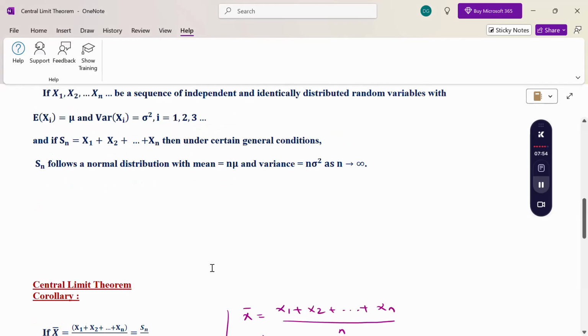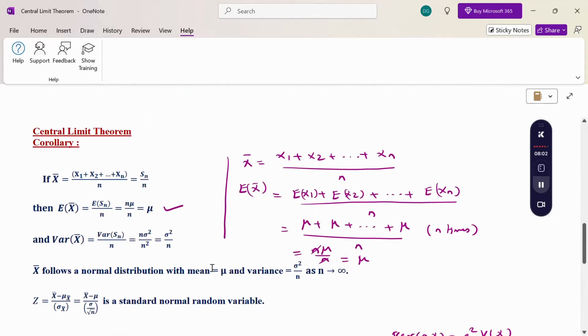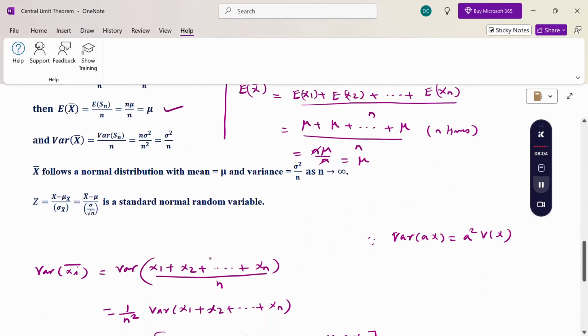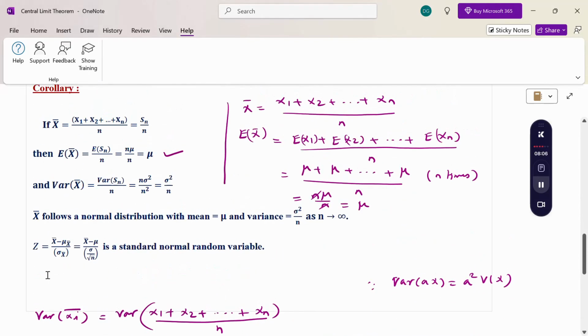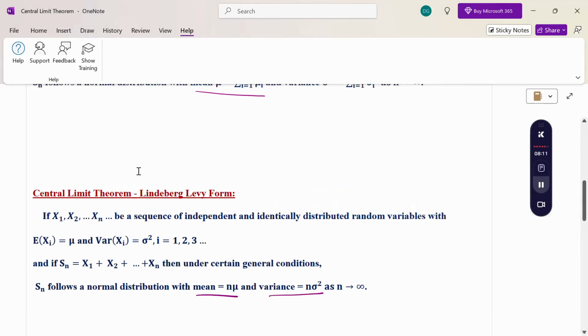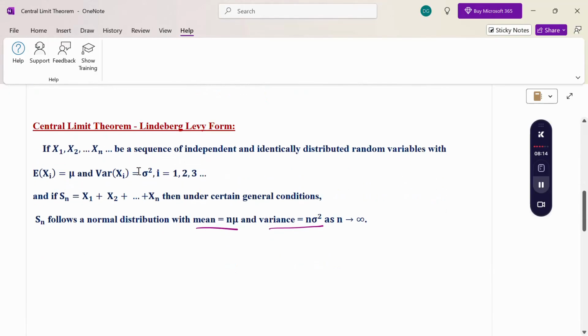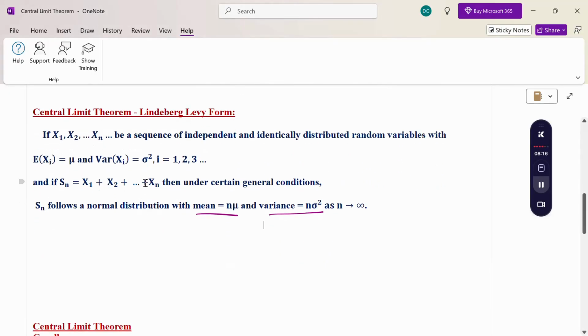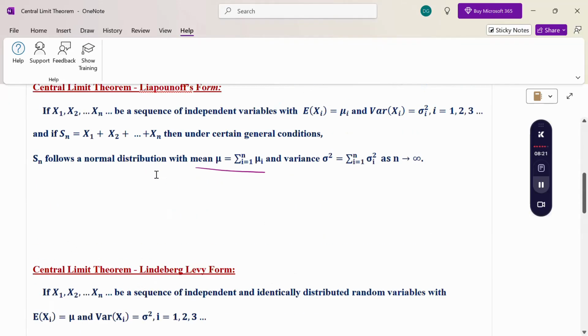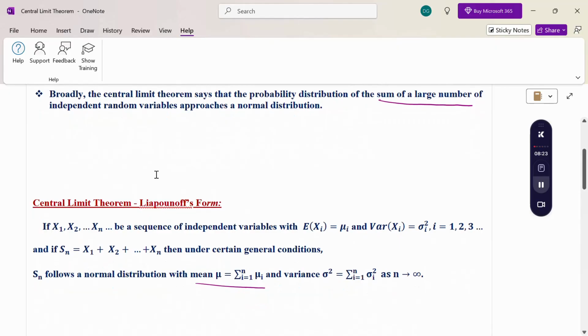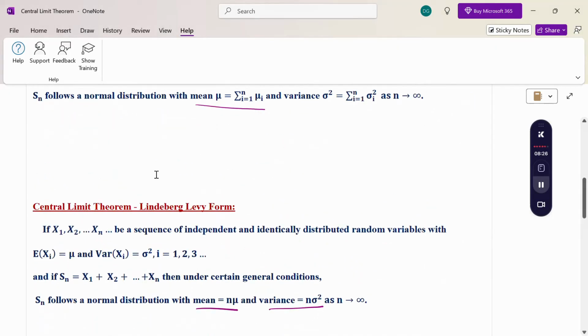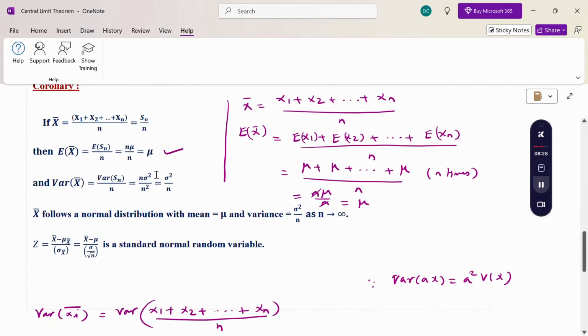So the values are n into mu and n into sigma square. This is the same as the previous Lindeberg-Levy form, where we can expand the mean mu and variance sigma square. So these are the forms: one is the Liapounoff form, another is the Lindeberg form, and this is our corollary.